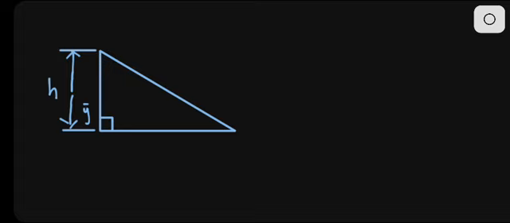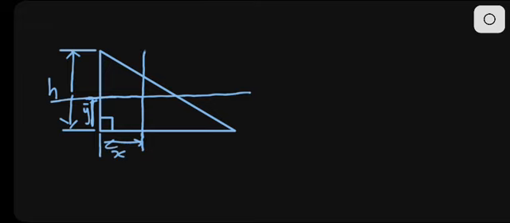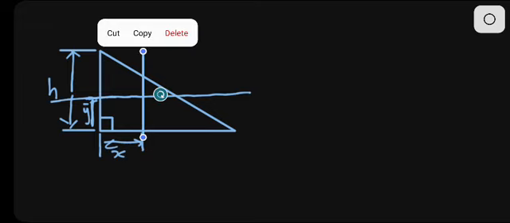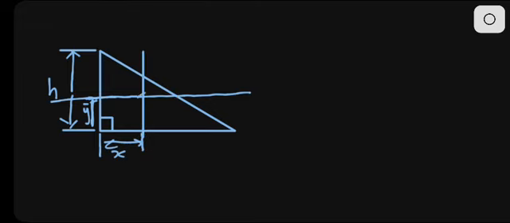Y bar will be from here until somewhere there, going like that. That is our y bar. What about the x bar? X bar will be from here until somewhere there. Then you go up like that, where they intersect, and from that intersection we'll have our centroid.